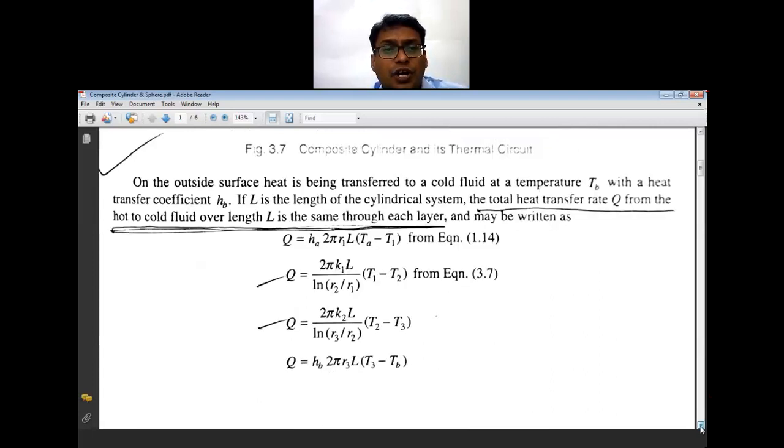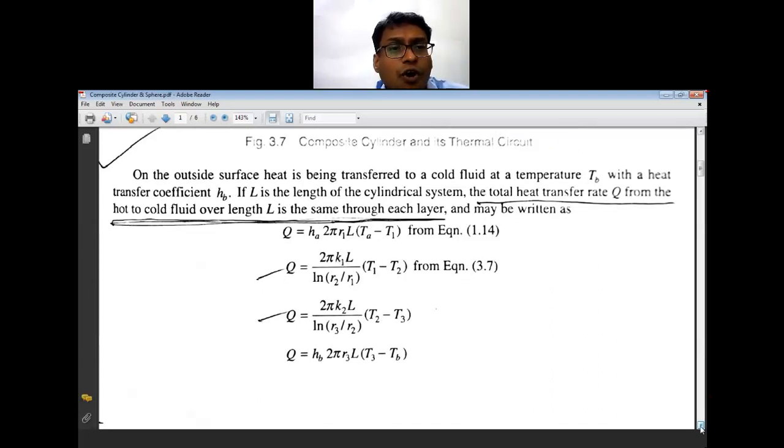So writing the equations corresponding to this, on the outside surface heat is being transferred to a cold fluid at a temperature Tb with a heat transfer coefficient Hb. If L is the length of the cylindrical system, the total heat transfer rate Q from the hot to the cold fluid over the length L is the same throughout each cylinder.